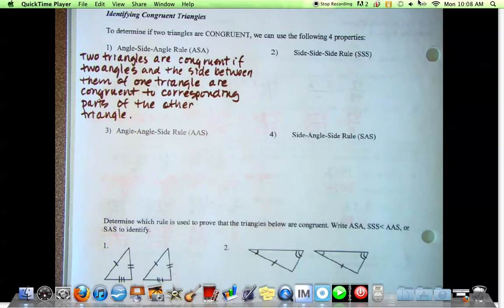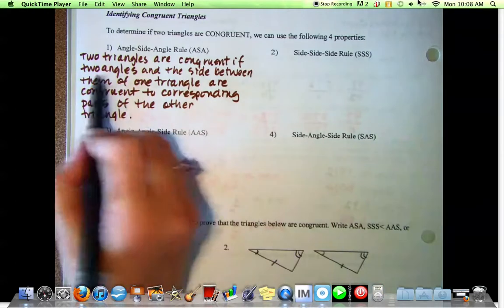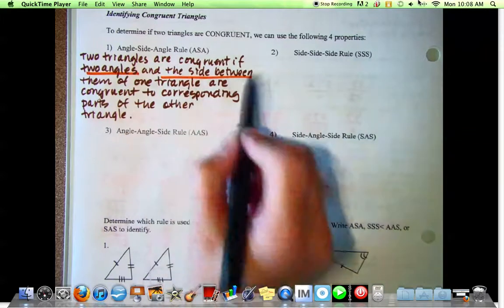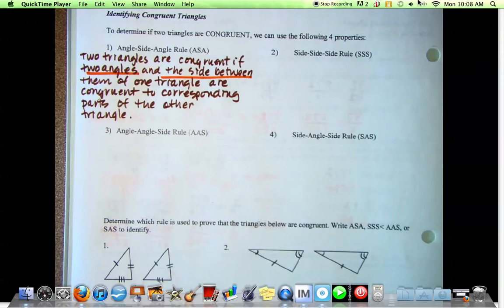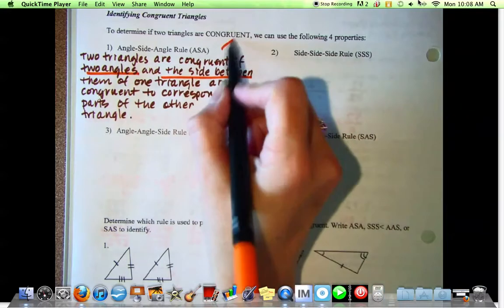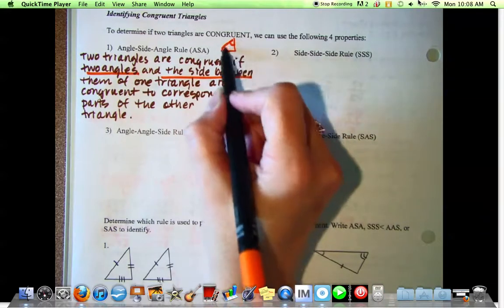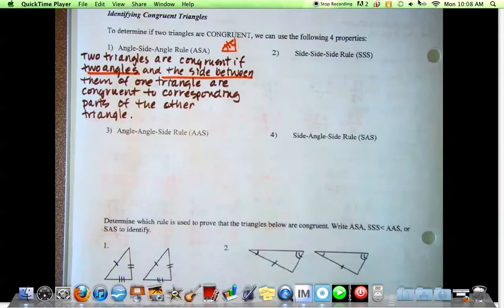So what's important here? Two angles and the side between them. That would be angle, side, angle, because you've got an angle, and then the side between the two angles. Okay?